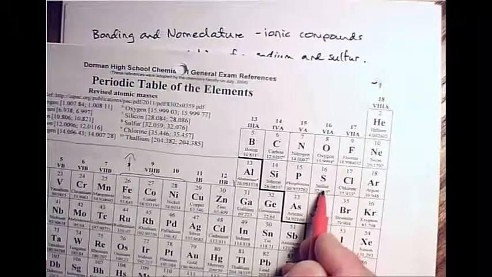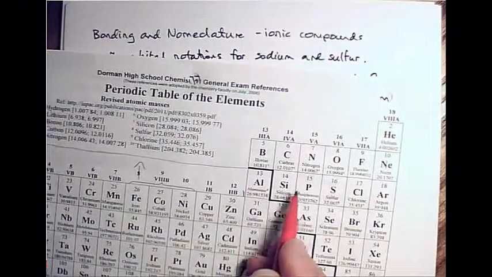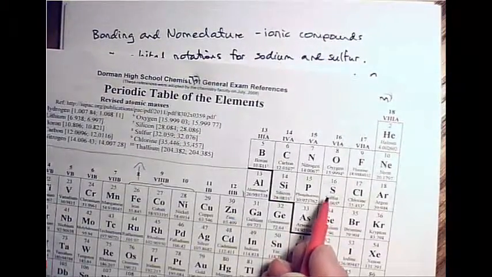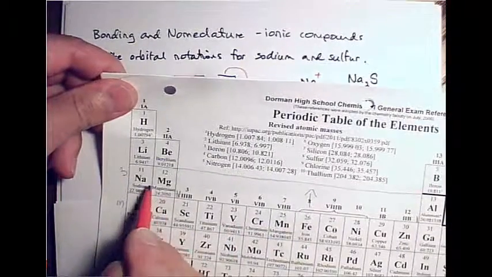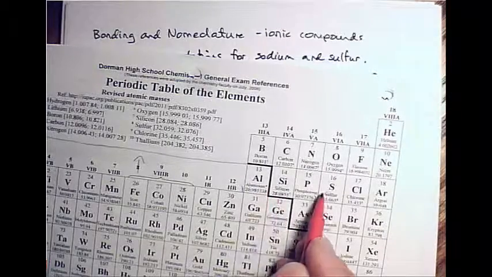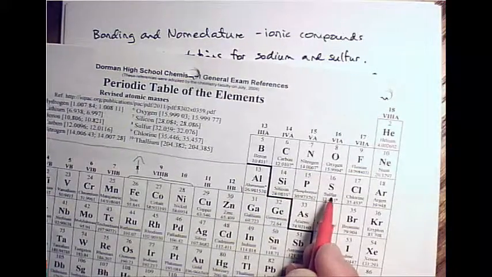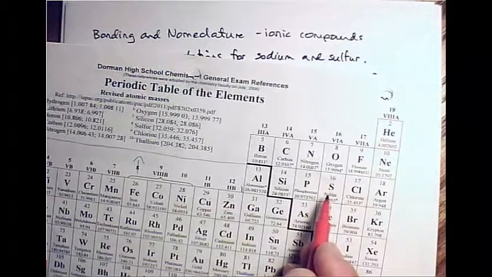I can infer from its position on the periodic table that it has 1, 2, 3, 4, 5, 6 electrons in its outermost energy level. 2 s electrons represented by the position of sodium and magnesium, and 4 here represented by aluminum, silicon, phosphorus, and sulfur. So 6 electrons in its valence level, in its outermost energy level.